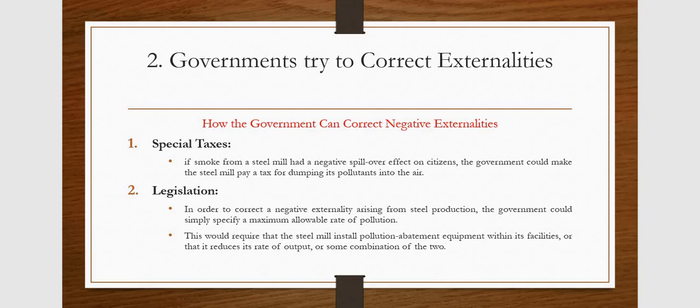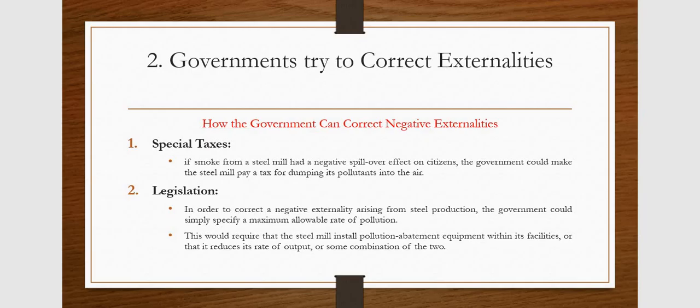Because the government ensures the welfare of its citizens, the government can impose a tax on the factory for the pollutants being transferred into the atmosphere, right? Whenever you dump a pollutant into the atmosphere, monthly you are going to pay this percentage.